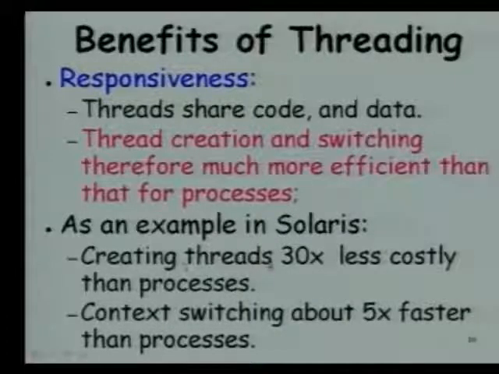Creating threads is 30 times less costly than creating processes, because you do not have to create separate code space and data space in the memory, right, it is already available. So, creating a thread is 30 times less costly than processes, and context switching is about 5 times faster than that of processes.